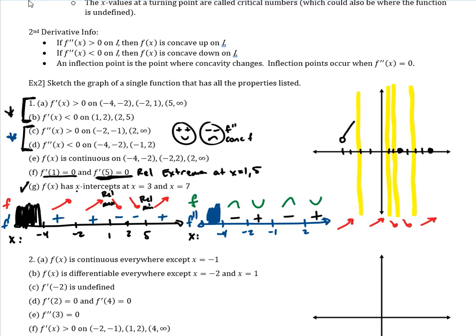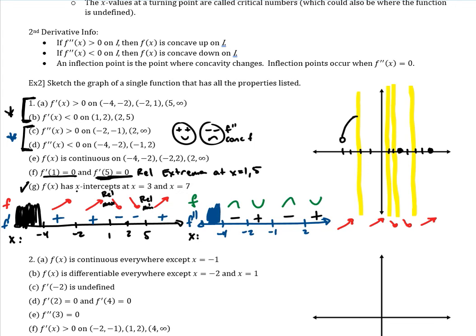And then it should be concave down. So let me make that a little bit curvier like that. That's concave down until I get to -2. And then it says it needs to change to be concave up. So I'm going to say something like that. That's concave up, and it's still increasing. From -2 to 1, it stays increasing.